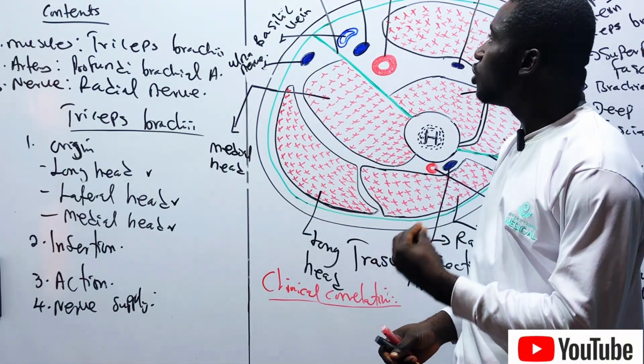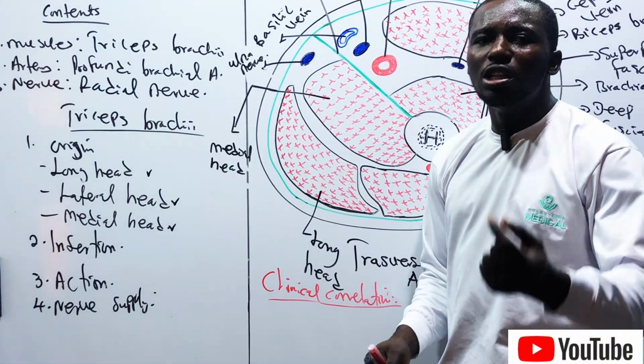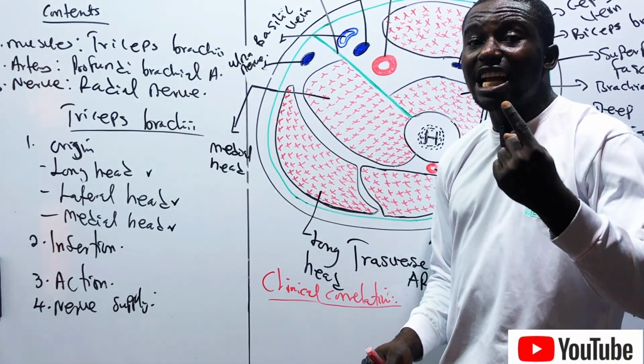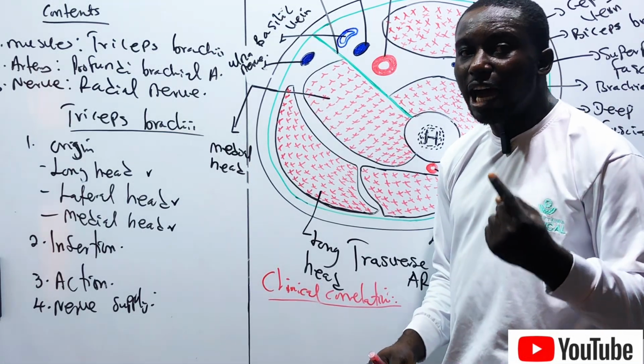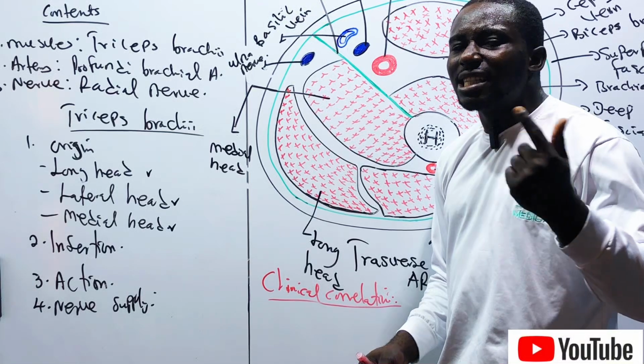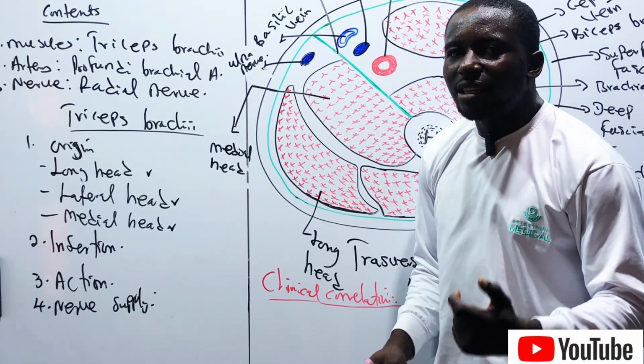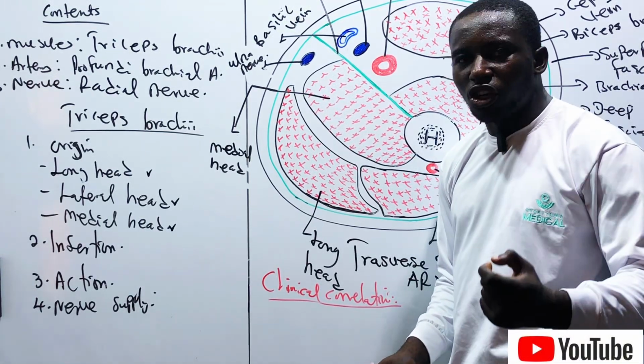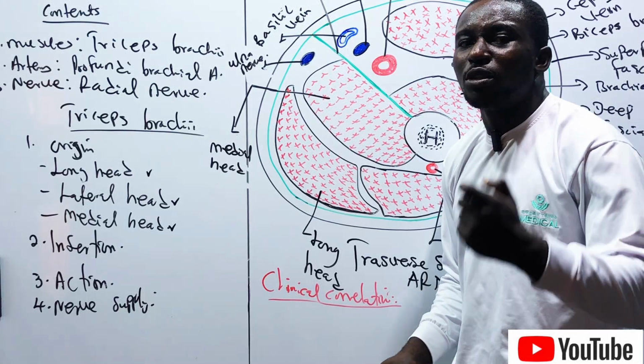So injury to the musculocutaneous nerve will lead to loss of flexion and supination of the arm. Number two, it will lead to loss of biceps tendon reflex. Number three, it will lead to loss of sensation on the skin at the lateral aspect of the forearm.